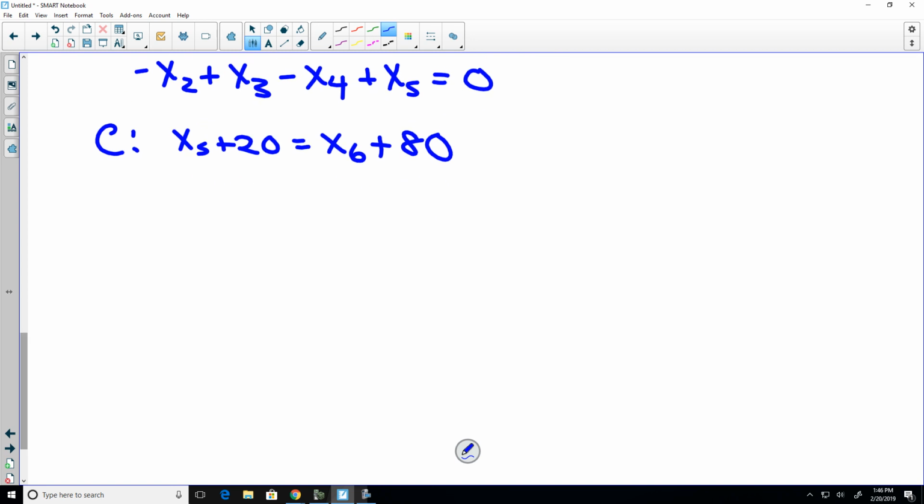And again, we want to write it so it'll go into the matrix. We want all the variables on the left, in order, and all the constants to the right.